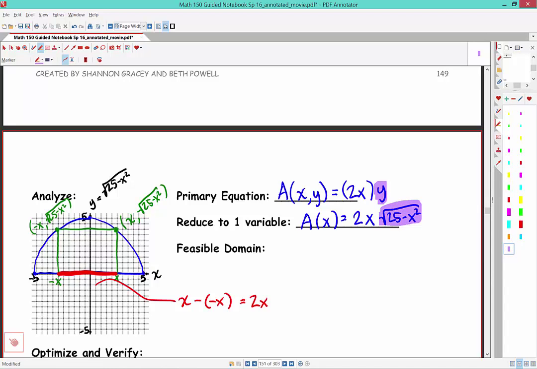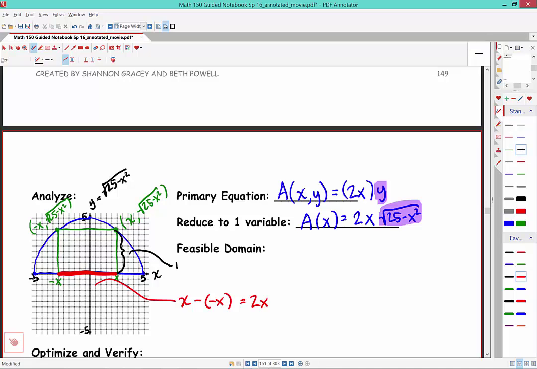Okay, so far? Perfect. All right. I'll just point that out here. This right here is y, which is root 25 minus x squared. Groovy. So now here we go.